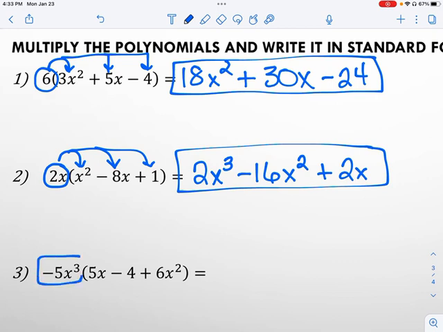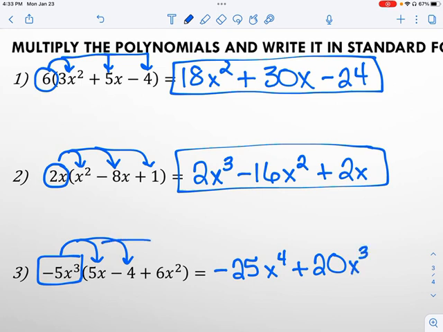Let's try this third one. This time I'm going to take negative 5x cubed and multiply it to 5x. So 5 times negative 5 is negative 25, and x to the third times x to the first gives me x to the fourth. Then I multiply to the next thing: negative 5x to the third times negative 4 gives me a positive 20, and there are no other x's, so it'll just stay x to the third.